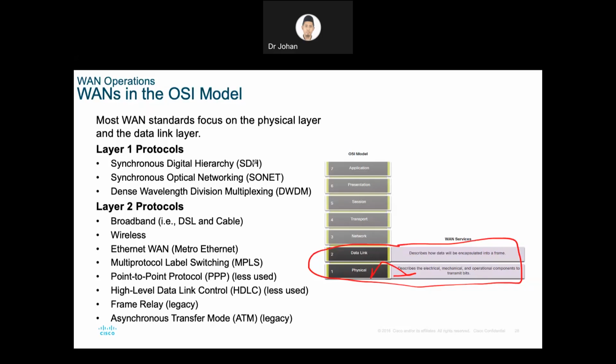For layer 2, we have broadband, for example DSL and cable, and wireless, Ethernet WAN, Metro Ethernet, multiprotocol label switching or MPLS, point-to-point protocol PPP, high-level data link control HDLC, frame relay, and also asynchronous transfer mode or ATM.